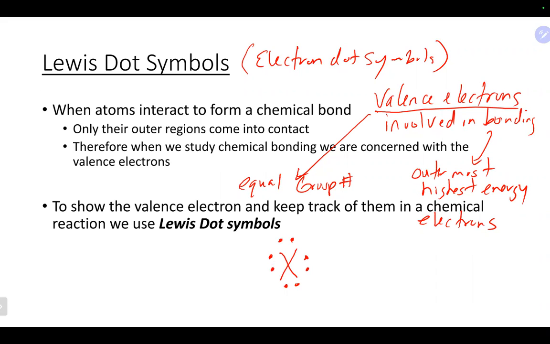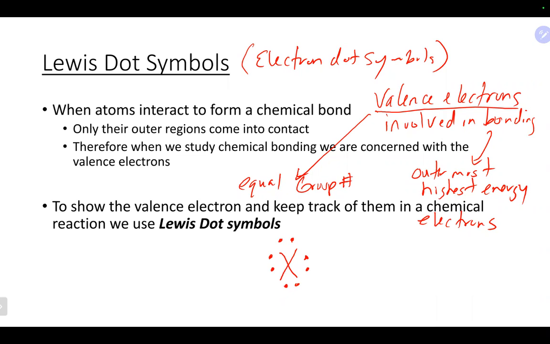Since there are four sides and two electrons per side, that means a total max of 8 electrons. And the whole point of all bonding, as we'll talk about in this chapter, is for everybody to pretty much get 8 electrons around them. Who on the periodic table has 8 valence electrons? The noble gases. And that is the ultimate goal of bonding, for everybody to achieve the noble gas configuration in terms of their electrons.